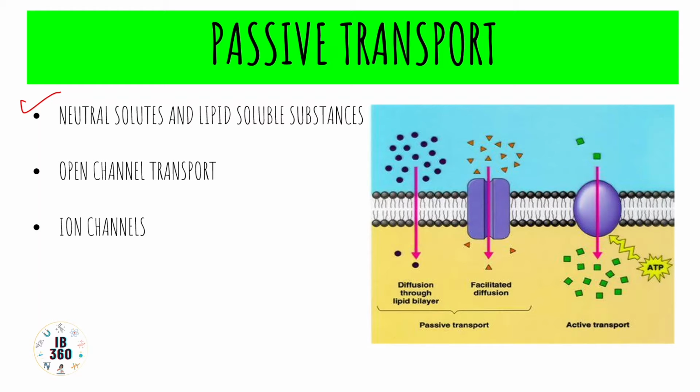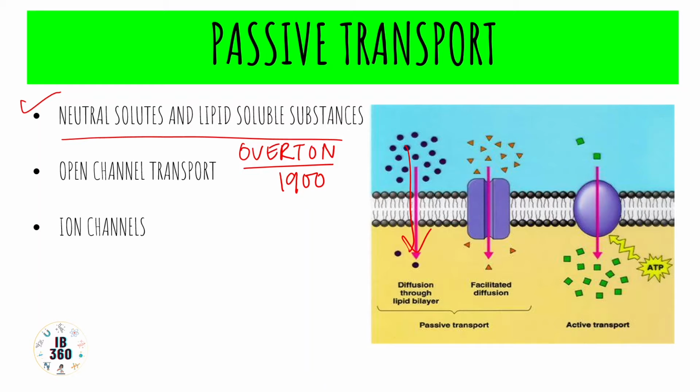Based on this free movement of lipid soluble substances across the cell membrane, Overton in 1900 proposed that cell membranes are made of lipids. Today we know that cell membranes are a bilayer of phospholipids.